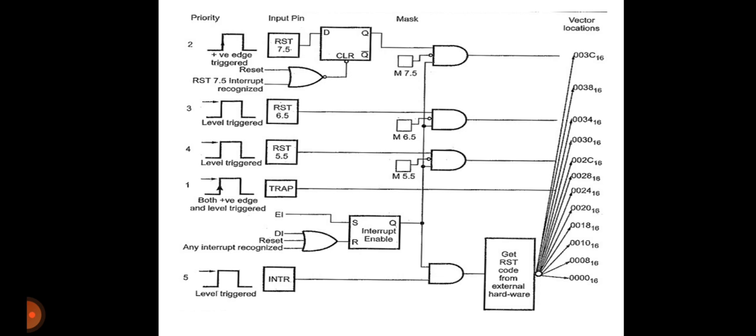If disabled, the 8085 ignores the interrupt request, and the interrupt TRAP is non-maskable, which means it is not maskable by program control. As you can see in the figure, the interrupt structure of 8085 is designed to respond to edge triggering, level triggering or both triggering methods. We will see one by one.